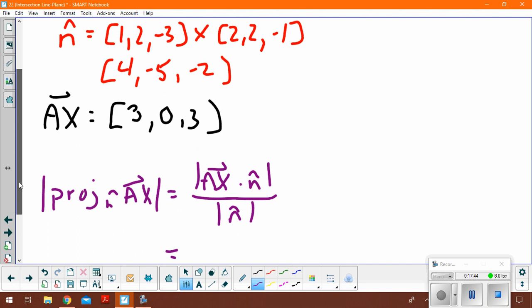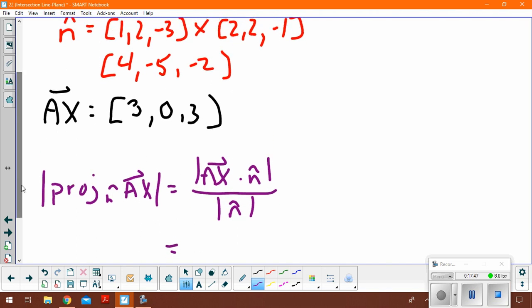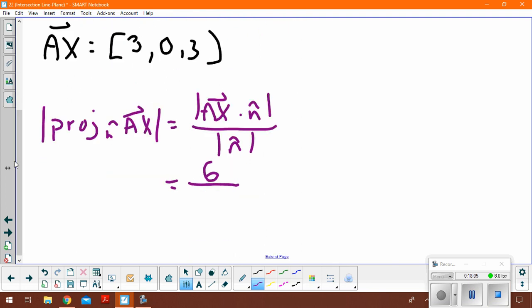So A to X dot n: 3 times 4 is 12, plus 0, plus negative 6, so 6. The magnitude of n is 16 plus 25 plus 4, so 45. 6 over the square root of 45, which is a little less than 1: 0.89 units.